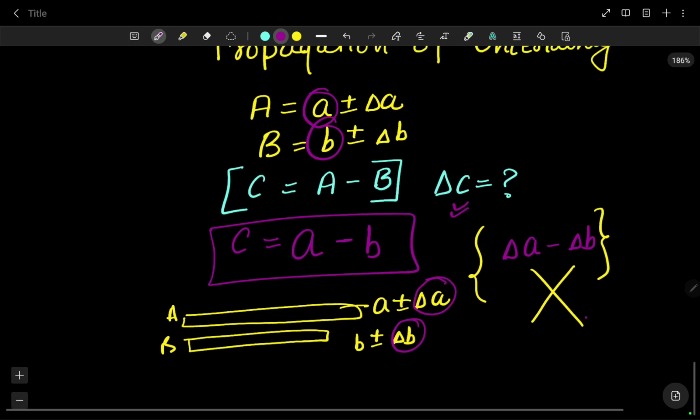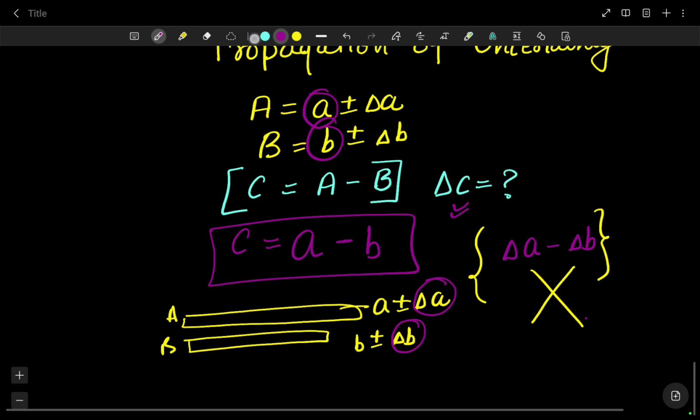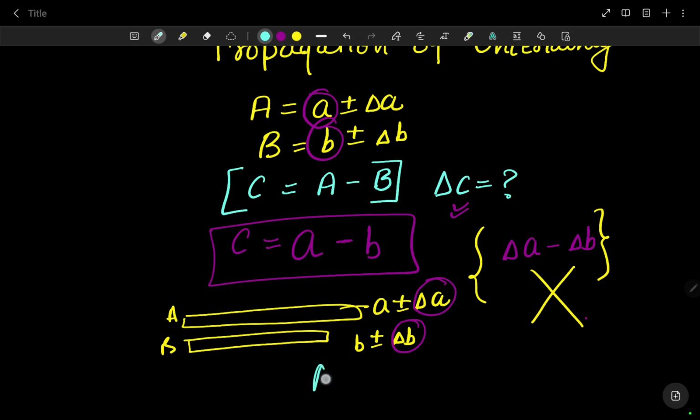Now you want to find out how long A is compared to B, so you are doing A minus B. If you also do delta A minus delta B, it's like subtracting your mistakes. You have already made the mistake while measuring A, and you have already made the mistake while measuring B. Now A minus B will come with the mistake of A plus the mistake of B.